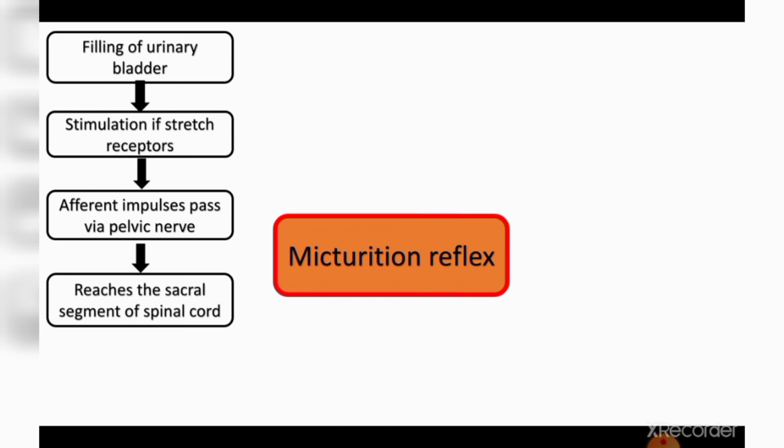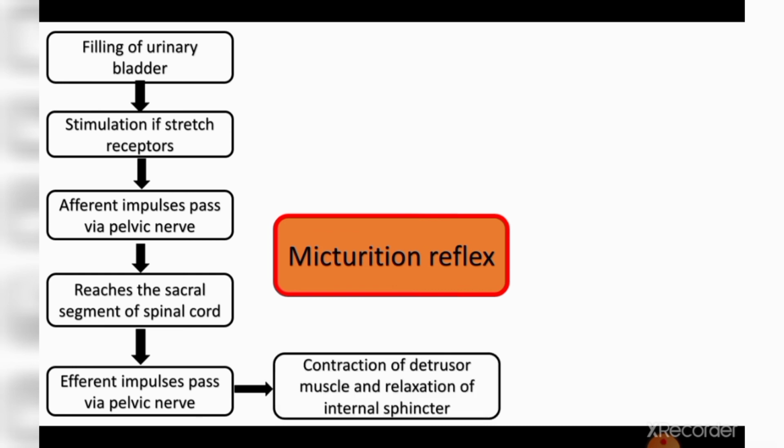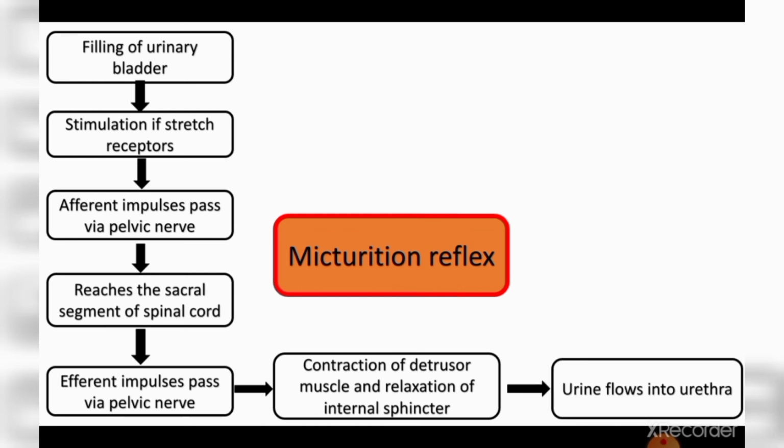The impulse reaches the sacral segment, and an efferent impulse passes from the spinal cord through the pelvic nerve. The pelvic nerve, as a result, contracts the detrusor muscle and relaxes the internal sphincter. Relaxation of the internal sphincter and contraction of the detrusor muscle will result in the flow of urine into the urethra.